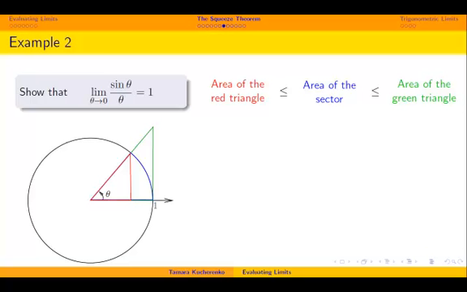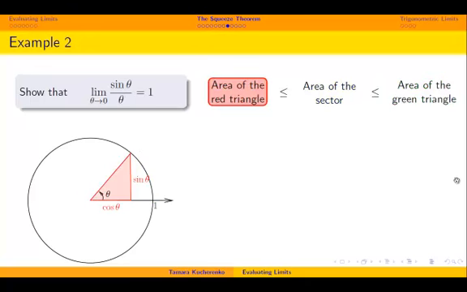Let's compute these three areas. The red triangle is a right triangle, so its area equals a half of the product of its sides. Since the hypotenuse is 1, the adjacent side equals cosine theta, and the opposite side equals sine theta.